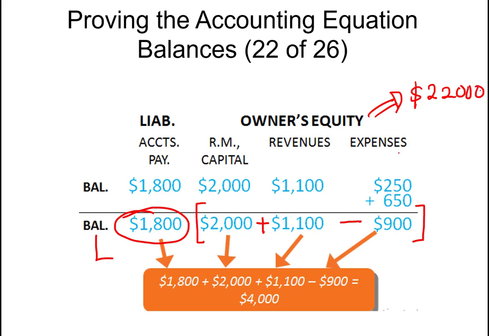We can see our owner's equity reduced, but the total liability and owner's equity now is 4,000, which is equal to the total assets. So please always remember that revenue increases the owner's equity, whereas an expense will reduce owner's equity.